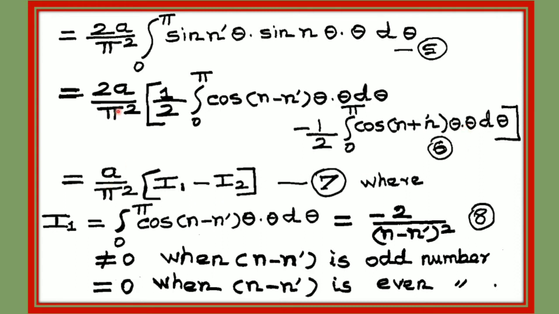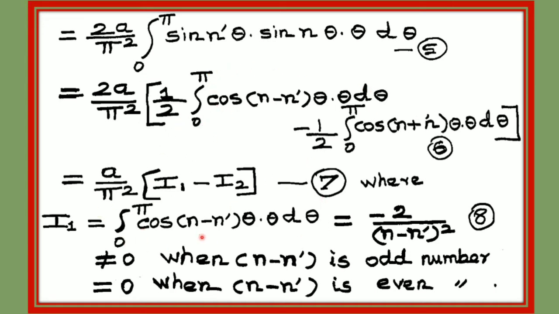Now this 2 gets cancelled, therefore A by pi square. This integral is called I1 and this integral is called I2.